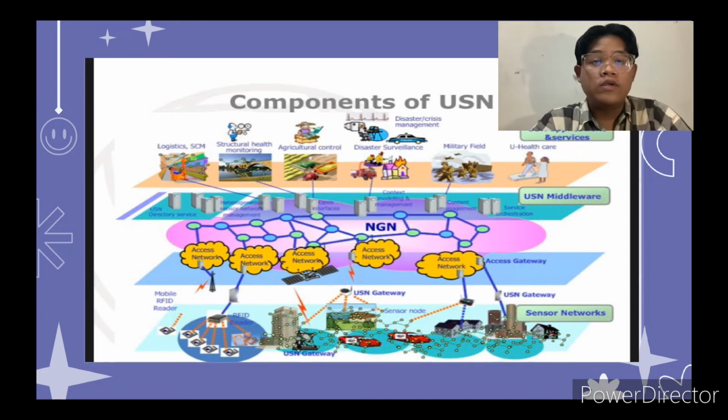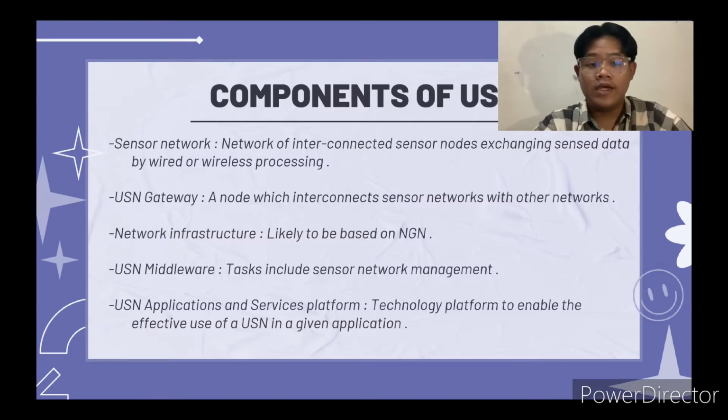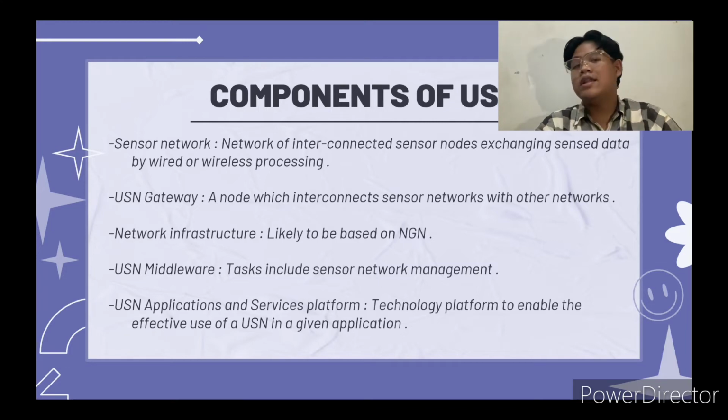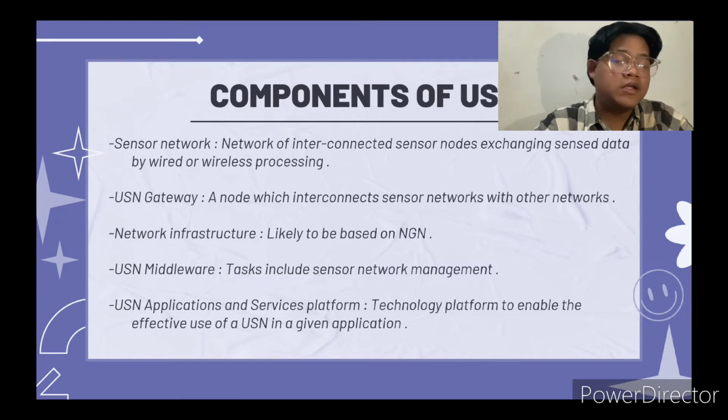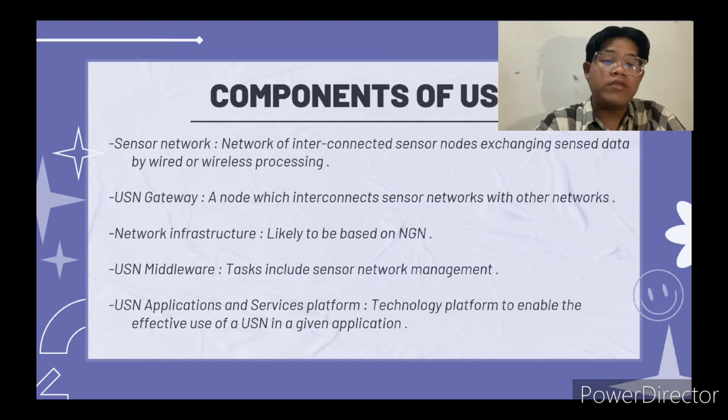First of all, what is shown in your slide right now is the figure for the components of USN. We're going to continue with the components. The sensor network is a network of interconnected sensor nodes exchanging sense data by wired or wireless means. Basically, there are IP-based sensor nodes with the possibility of direct connection to NGN, and non-IP based nodes often managed via a gateway. The USN gateway is a node which interconnects sensor networks with other networks.